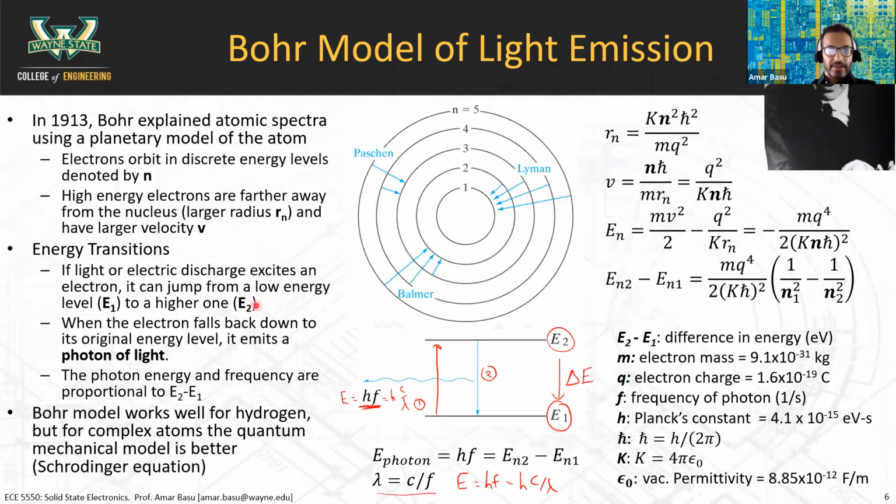All right, let's continue with this model. There are some details here that I'm going to have you do at home. These are equations that describe the Bohr model of the atom. The first one here, I'll just note down, is the radius.